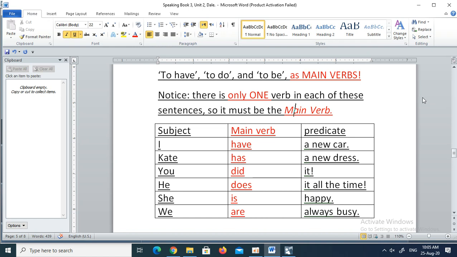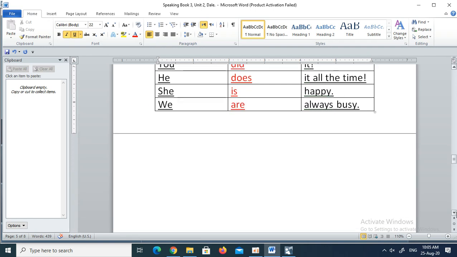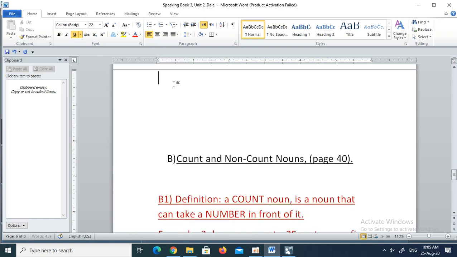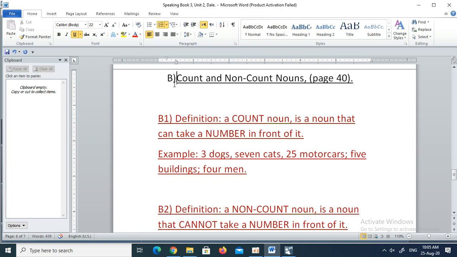When there is only one verb, then it is being used as the main verb. When there are two verbs, they are being used as the auxiliary verb. Right, that is our revision of main and auxiliary verbs.